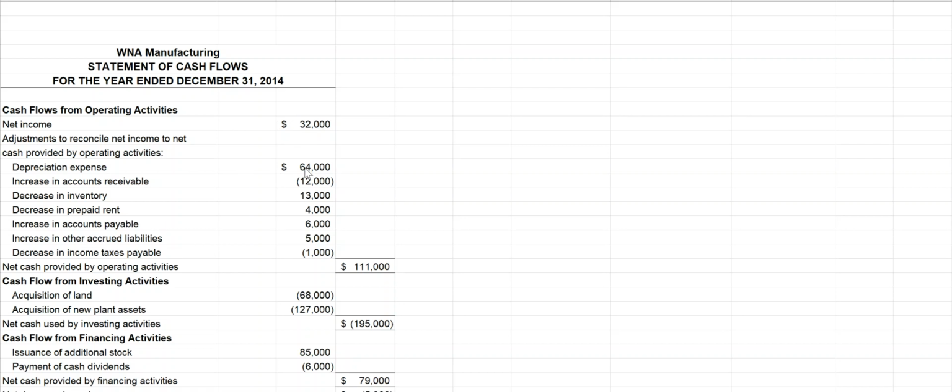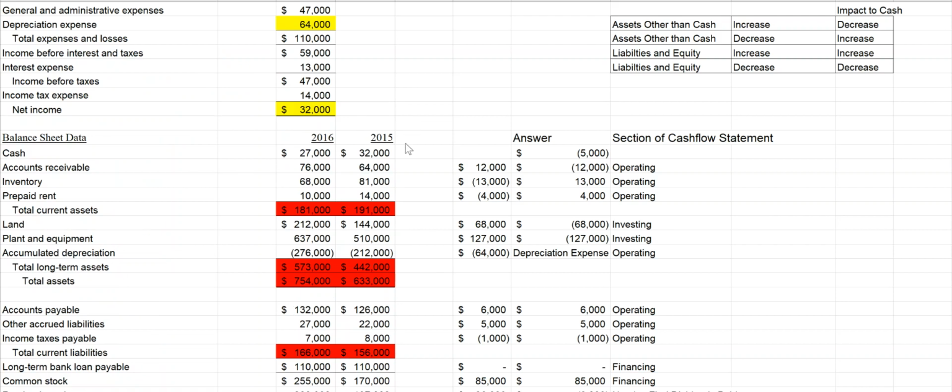The next items are going to come from the analysis of the balance sheet. So step number one, we're going to take the difference between 2016 and 2015. So for instance, for accounts receivable, we went from $64,000 in 2015 to $76,000 in 2016.